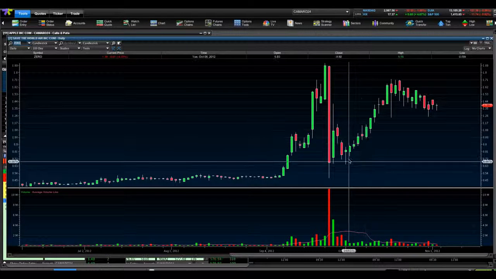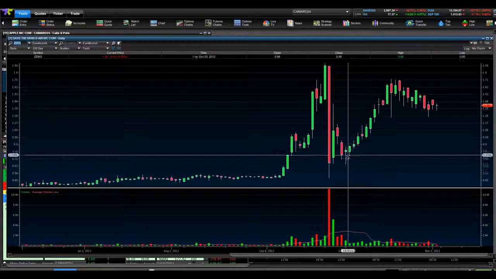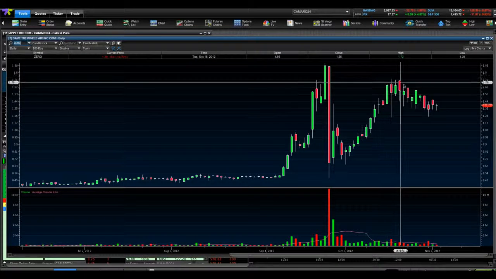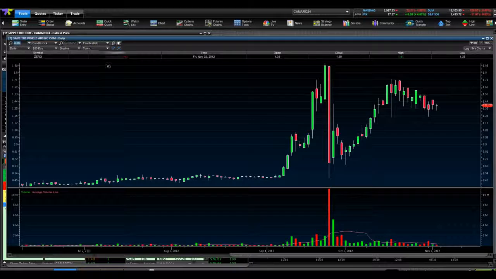You've got to have a pretty good imagination, right? Flagpole. This is your flag. Flagpole, flag. Hopefully you can see that now.